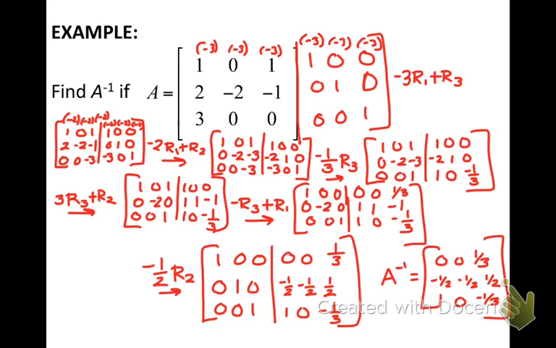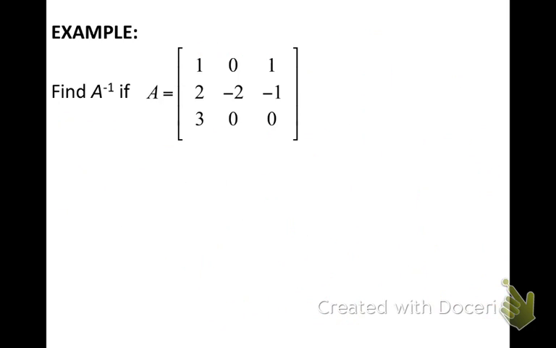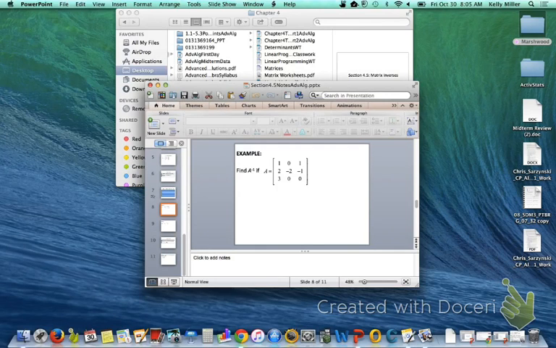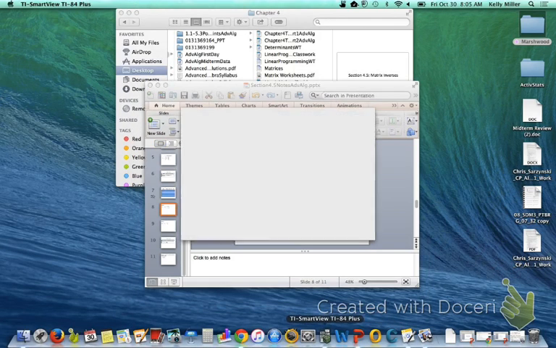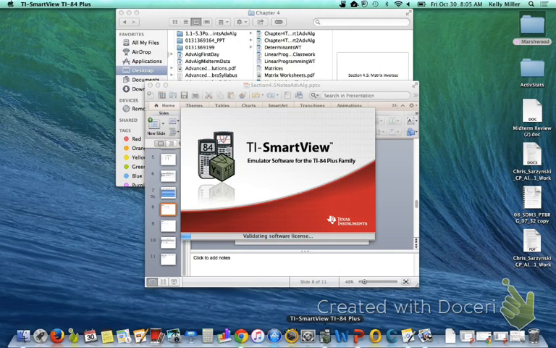All right, so I'm going to show you how you can use your calculator to check to make sure that you did it right. If you have your calculator in hand, you're going to be like, oh my goodness, how quickly your calculator can do all that work that just took us 10 minutes to do.